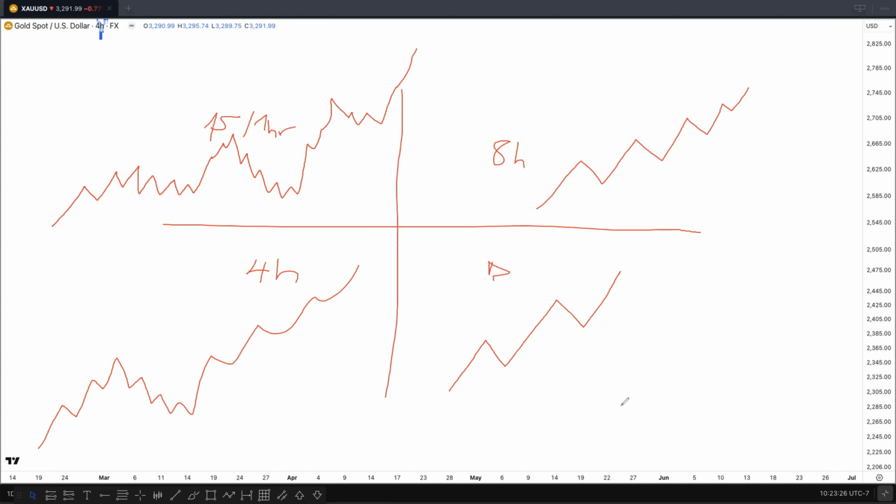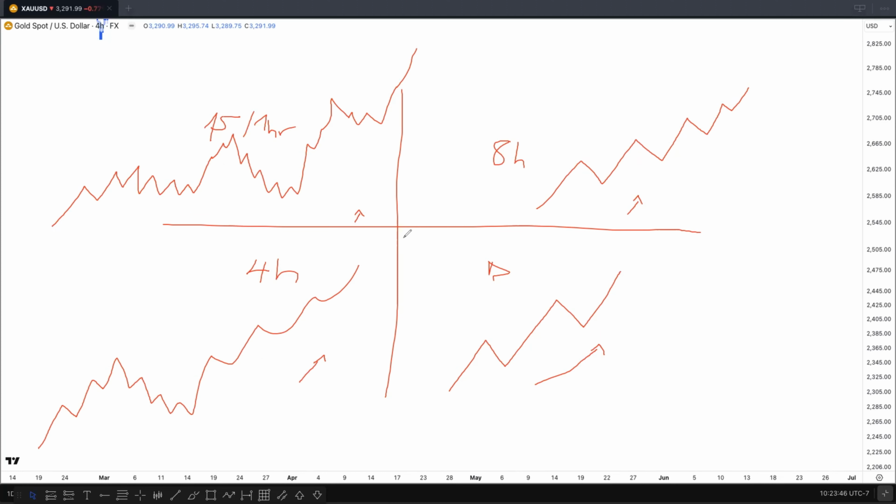Will you say price is still going to the upside on the daily, on the 8 hour, on the 4 hour, and on the 15-minute time frame? Will you agree? Yes, they are all in an uptrend.